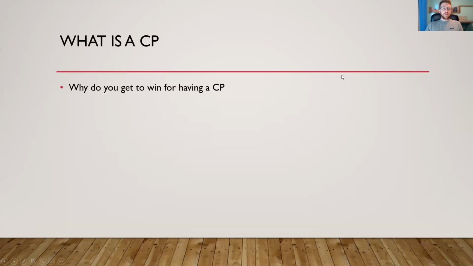So why do we get to win for having a counterplan? We already kind of went over that. The debate term for some of what we just talked about is competition. So both the version of the counterplan where it's defense and the version where it's offense, in order for the negative to win, either the counterplan or some other piece of the negative strategy has to prove the plan is bad.